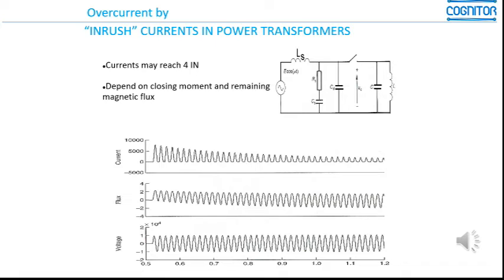This is something like a short circuit that will produce a voltage drop and all the effects of one short circuit, and if this operation is very frequent, it can give rise to some kind of aging inside the transformer.